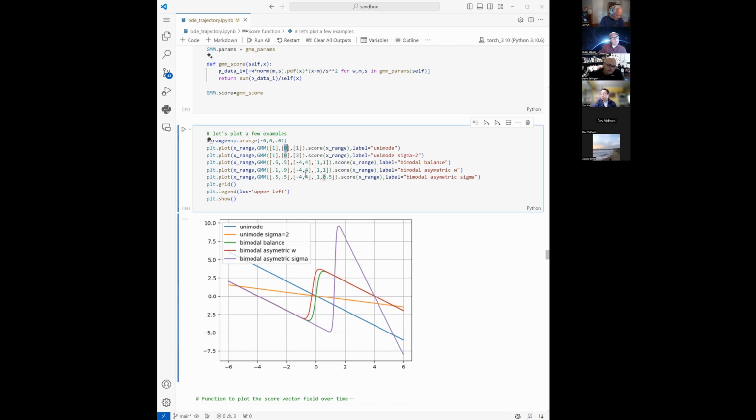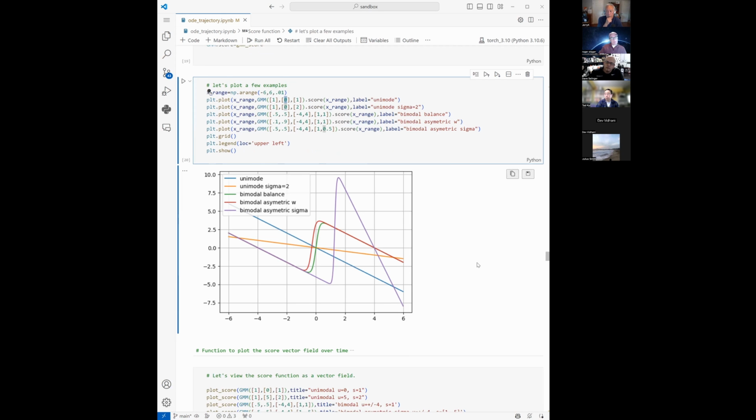I didn't do a shift on just a single Gaussian. I should have done a single Gaussian with a shift, but I believe it just moves that line up or down. And then if you have two of them, it's got this crossover thing where it's dominated by one on the left side and dominated by the other on the right side. Okay. Any questions on that one?